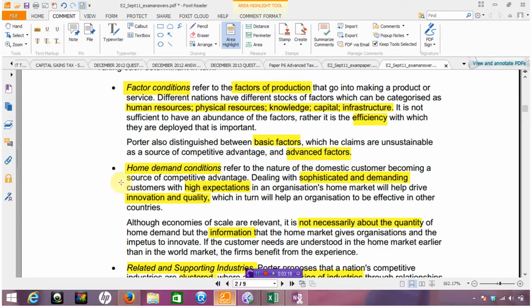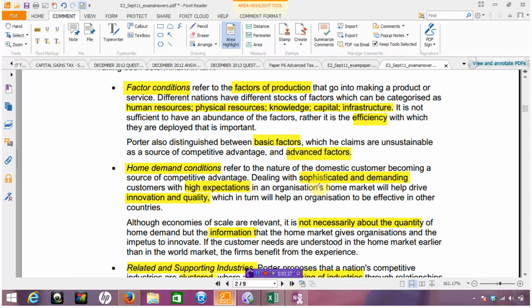Okay. Next point, this idea of demand. A couple of key buzzwords in here, and really the main one that I tend to remember is this idea of a sophisticated market. So let's be clear, we're not talking about just a massive demand or a large demand, although obviously that's helpful.